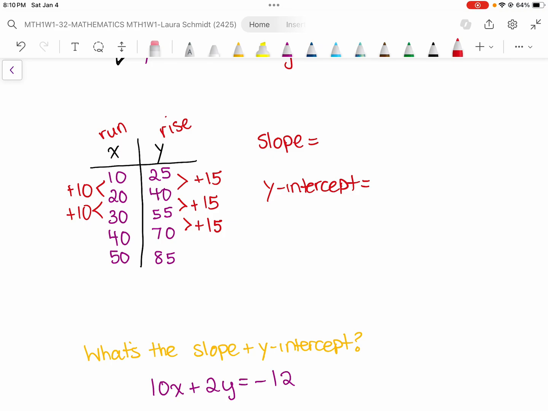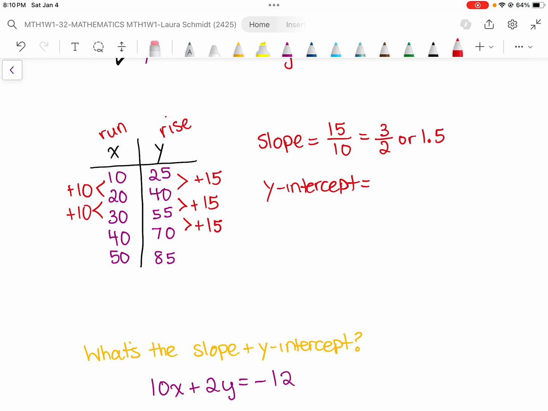So my slope, if I'm doing rise divided by run, is 15 over 10. They're both divisible by 5, so I could say 3 over 2. Or I could write it as a decimal, like 1.5. Any of those are fine.